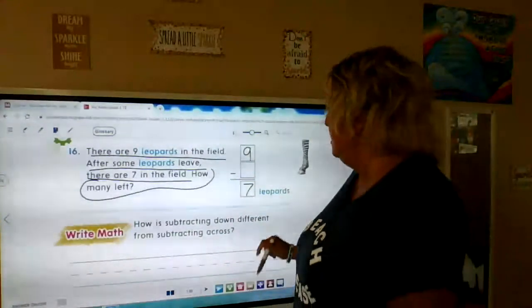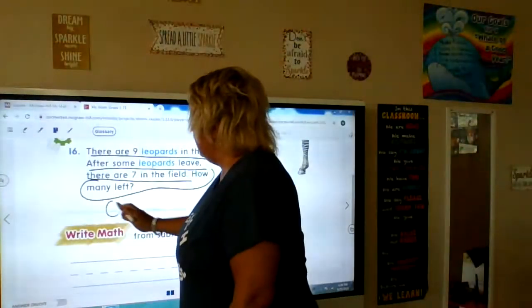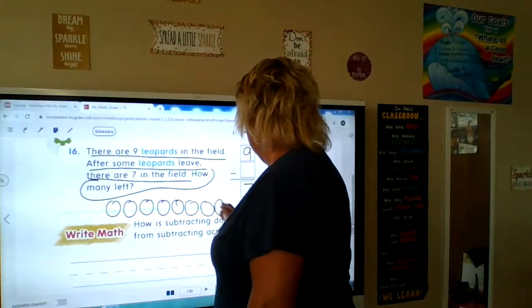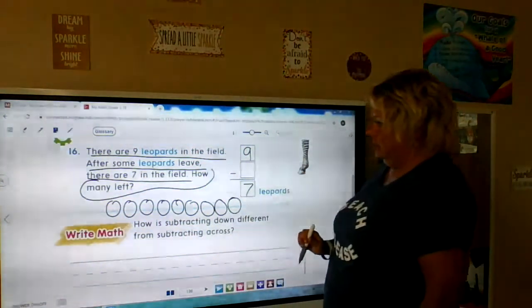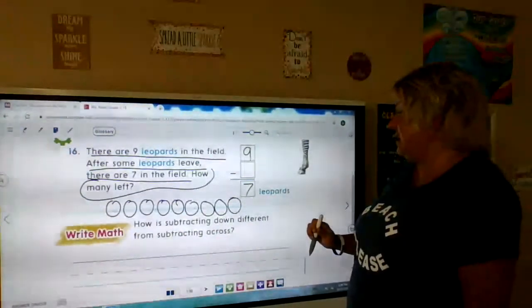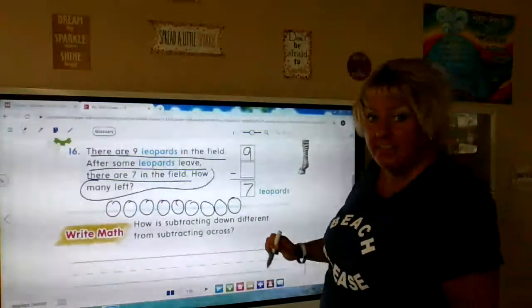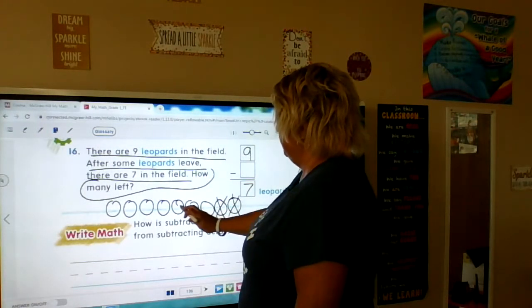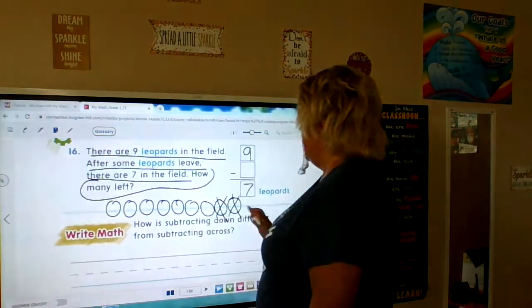We need to figure out how many left. Okay? So we could use 9 counters or draw 9 circles, and we could take away some until we only have 7. 1, 2, 3, 4, 5, 6, 7. 7 left.